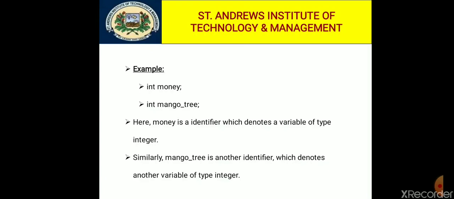So identifier names must be different from keywords. Further, we will also discuss about keywords today. But for confirmation, I just guide you that identifier names must be different from keywords, because keywords are predefined and identifiers are user defined.